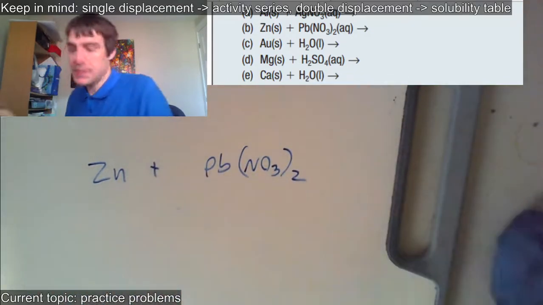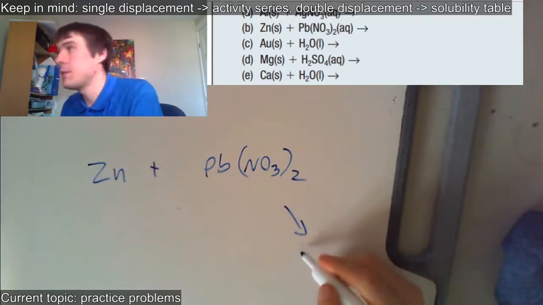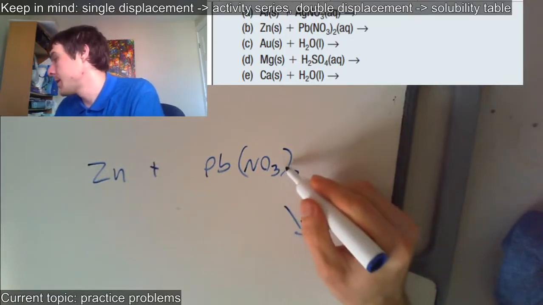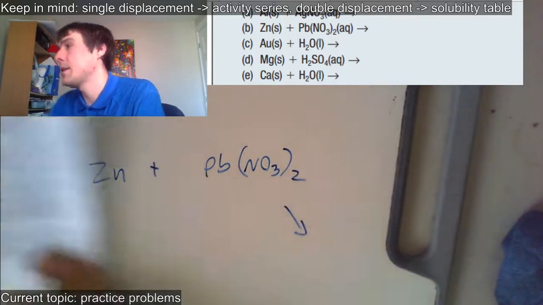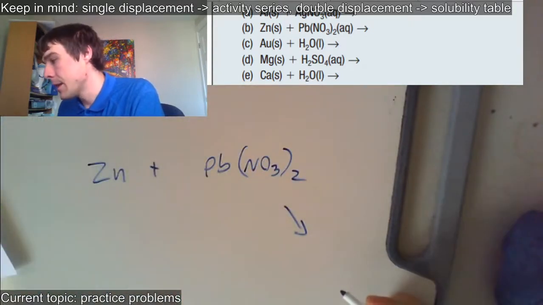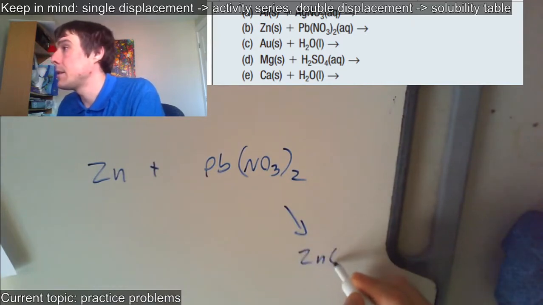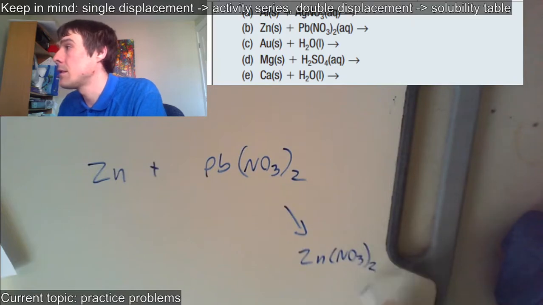So zinc will displace lead. This will occur as a reaction. Zinc makes a 2+, so it'll take 2 nitrates. I just get that from the table. Zinc is here, it makes a 2+. That'll be Zn(NO3)2, because it takes 2 nitrates for 1 zinc, plus just lead by itself.